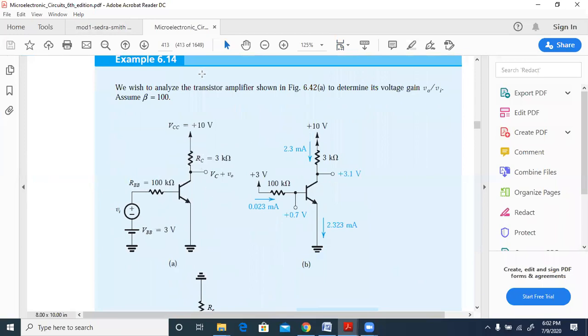So what does he want? What is the resulting collector voltage VC?